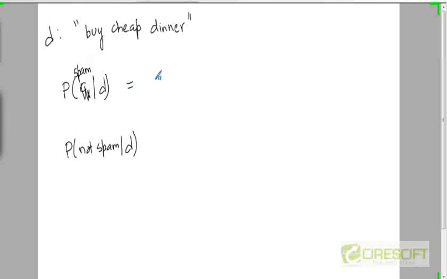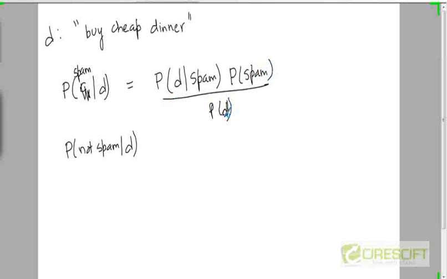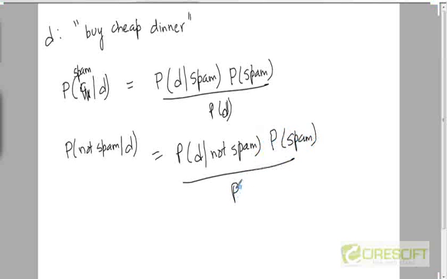By Bayes theorem, this will be the probability of D given spam times the probability of spam divided by the probability of D. It's the same formula as before. And this will be the probability of D given not spam times the probability of not spam divided by the probability of D. And again, we don't care about the denominator because the relative values are what matter.